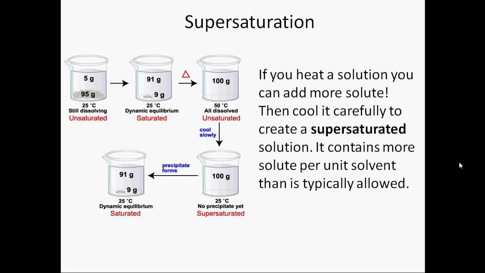So we kind of trick the water into dissolving more of that solute than it normally would. And then we trick it by cooling it down once it's already dissolved all of that solute. So by doing so, we have created a supersaturated solution. We have tricked the water into dissolving more solute than it normally would.